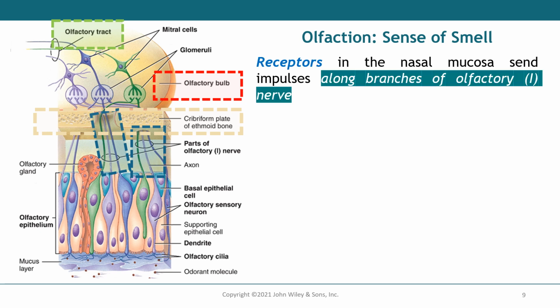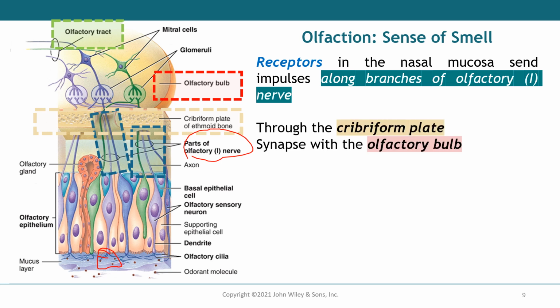And I told you that the first thing that happens is that you will have receptors in these blue pieces of dendrites, and they will send the signal to the long branches of the olfactory nerve 1. They will go through the cribriform plate, and they will synapse in the olfactory bulb.